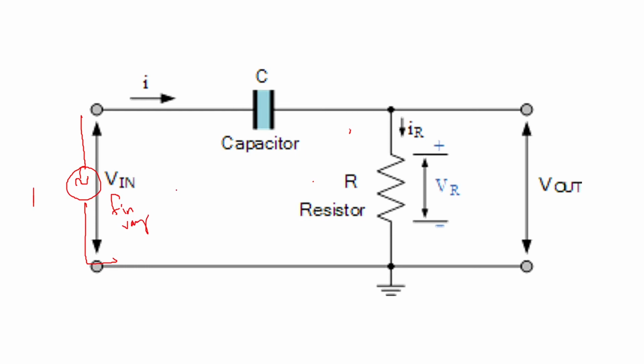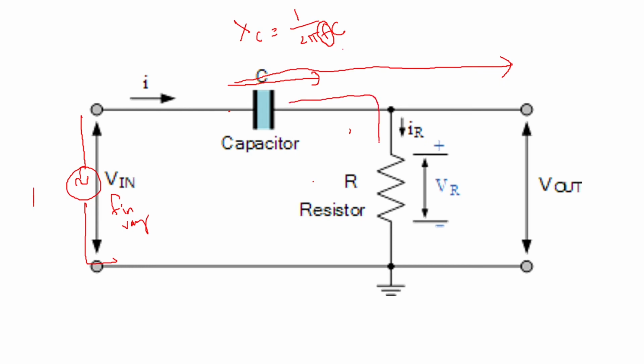In that range, the higher frequencies are passed by the capacitor because the reactance of the capacitor Xc is equal to 1 by 2 pi f C. So it is inversely proportional to the frequency. If the frequency is high, the reactance is less, so it can pass and go to the output. But if the frequency is low, the reactance is more, so it will block it. And if a low frequency does pass through, it will go through this resistor to the ground. So only high frequencies are going to pass here.